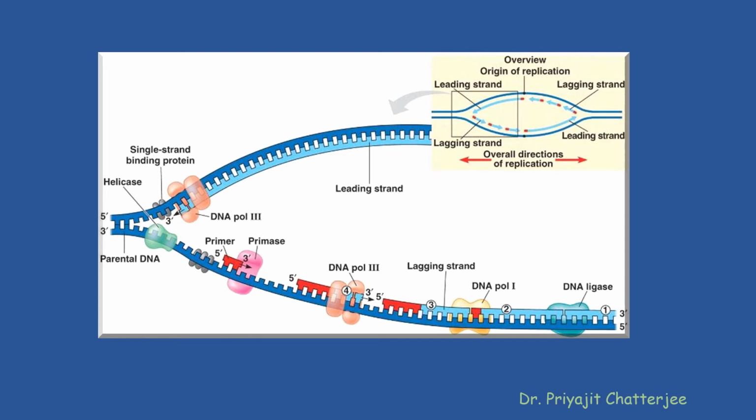After DNA polymerase 1, the DNA ligase enzyme is needed. In E. coli, DNA ligase requires NAD+ to carry out this reaction, whereas the DNA ligase found in archaea and eukaryotes requires ATP. DNA ligase is a nick sealing enzyme. So these are the various enzymes required for the replication process.